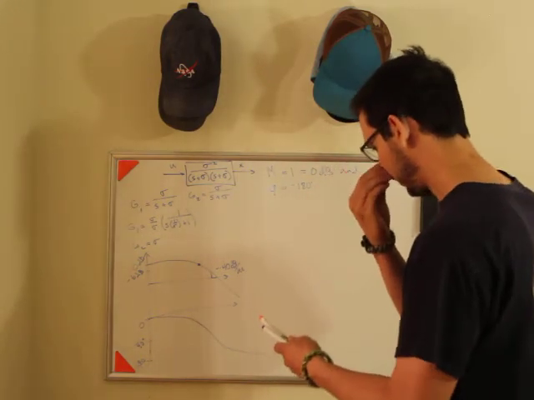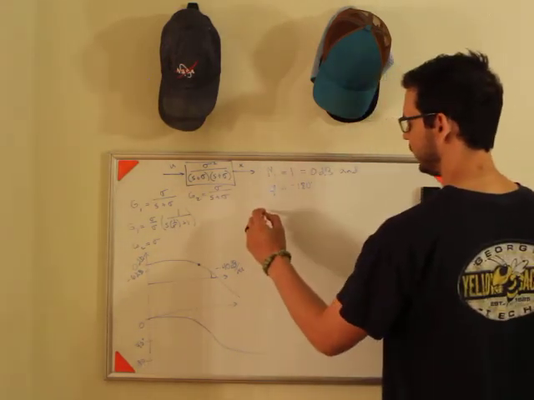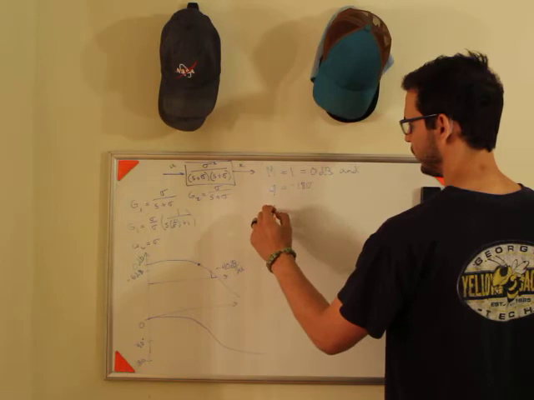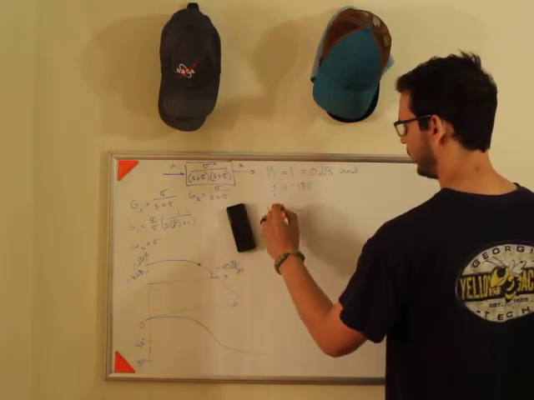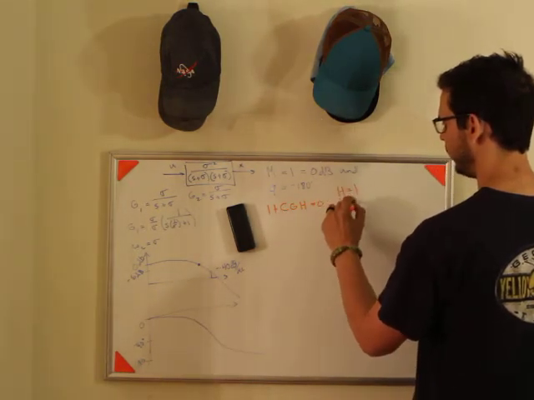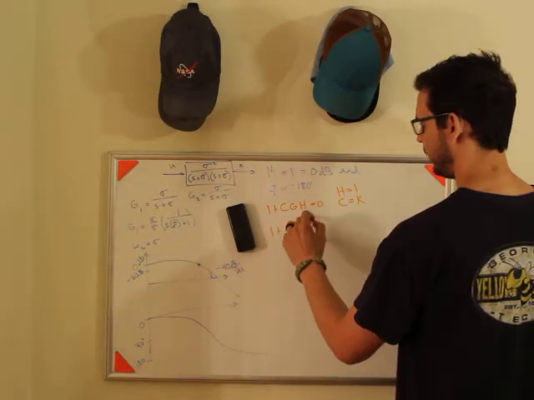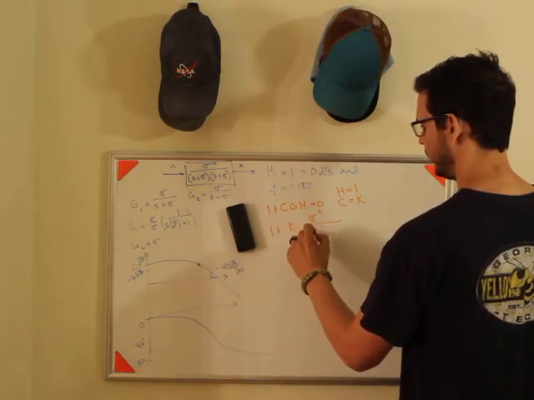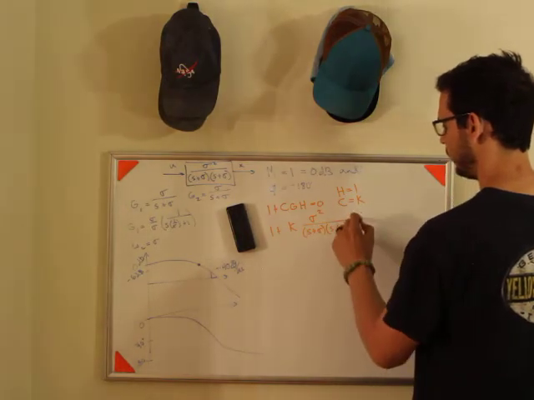Okay? If we do, let's just go ahead and do a root locus, right? I would do 1 plus CGH equals 0. If I assume H is 1 and C is K, I'm going to get 1 plus K sigma squared over (s plus sigma) squared, equals 0.